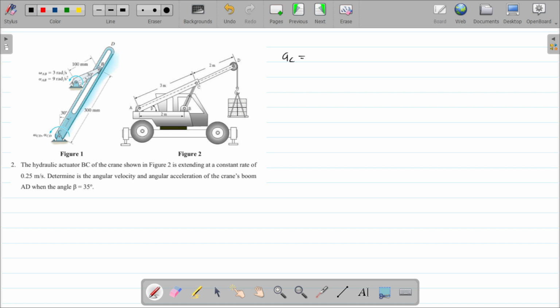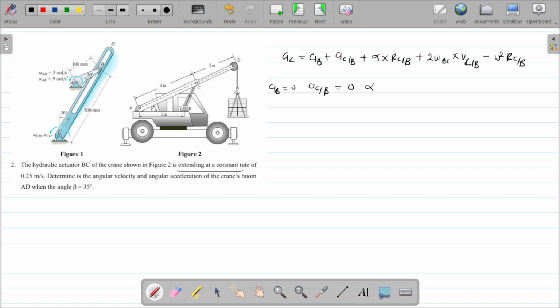So AC will be equal to AB plus AC relative B plus alpha cross R of C relative B plus 2 omega BC cross V of C relative B minus omega squared R of C relative B. AB is 0, AC relative B is 0, because they said this is a translational relative velocity, and the sliding velocity is a constant velocity, so the acceleration is going to be 0.